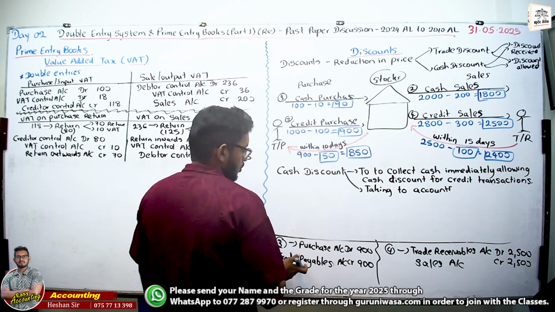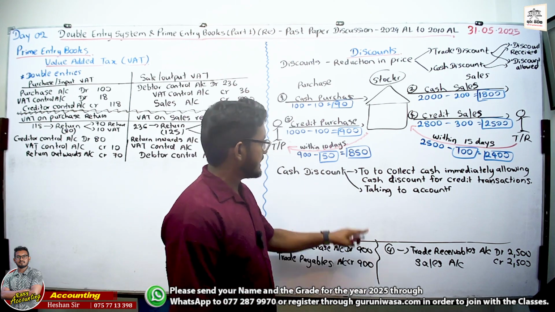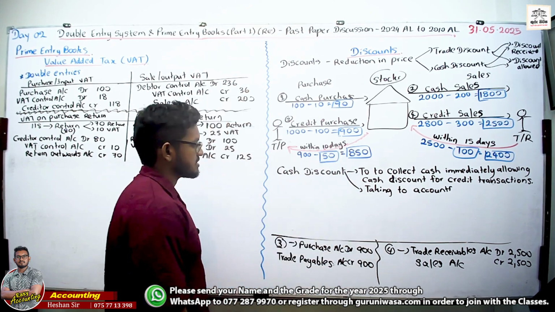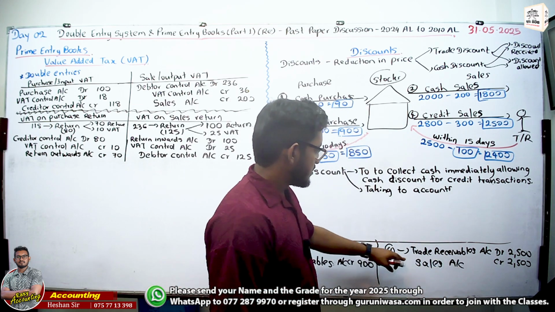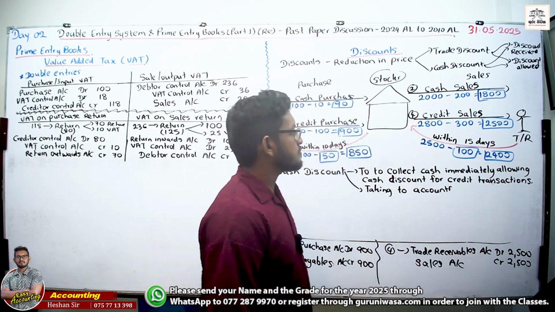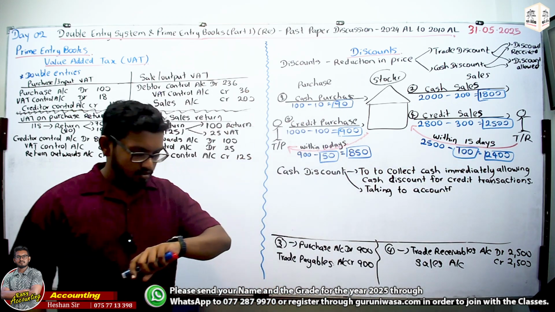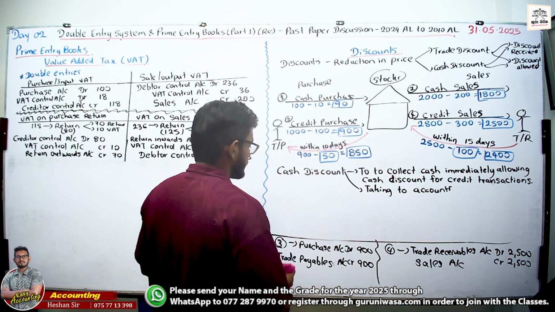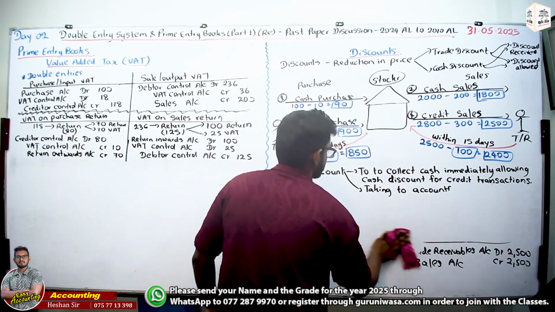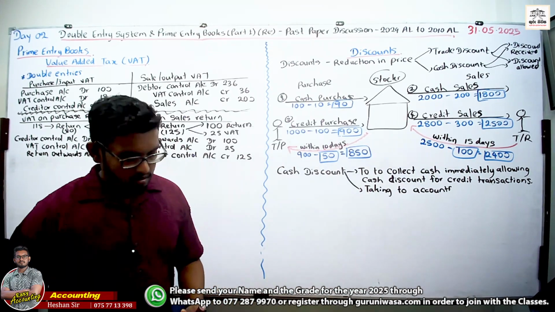Right? I recorded in the payable account as 900 in here when I purchased. In here, I recorded receivable account as 2500. But I'm paying only 850 if I pay within 10 days.